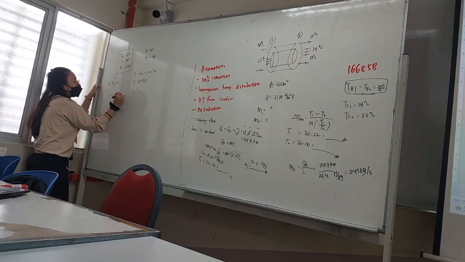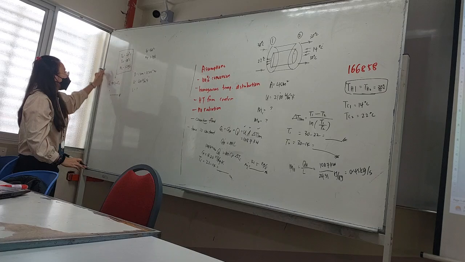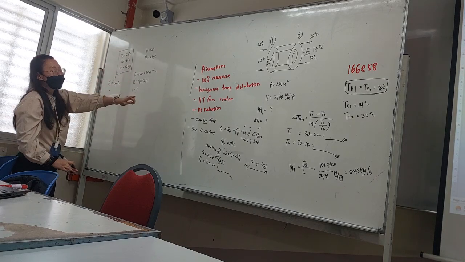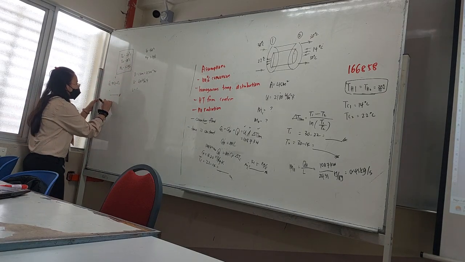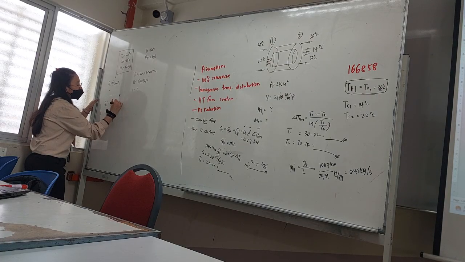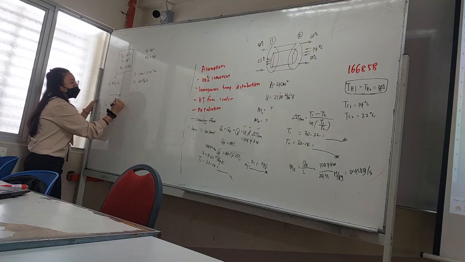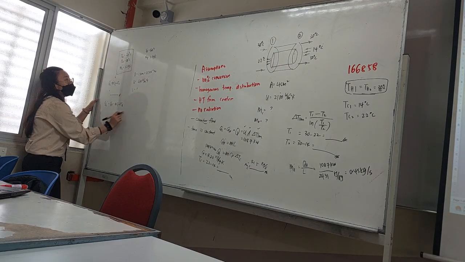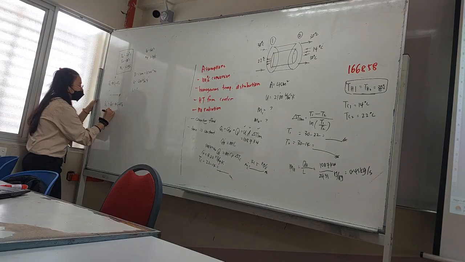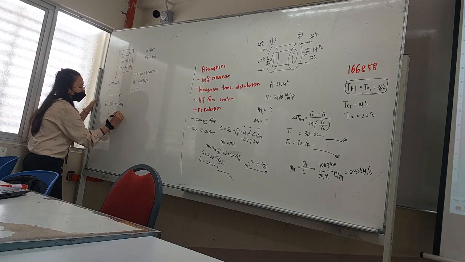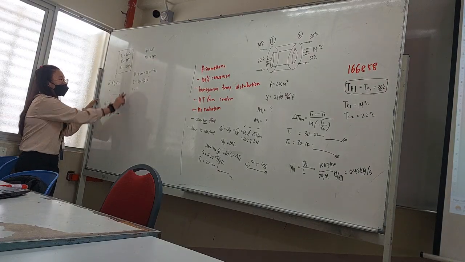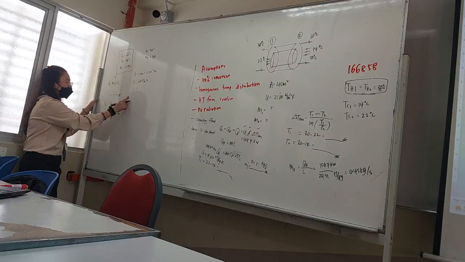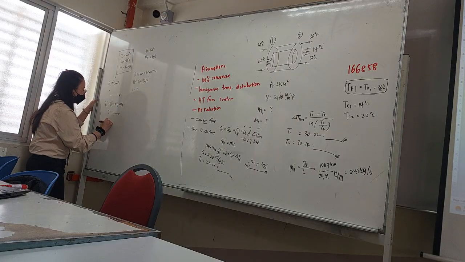You get the value, 100% conversion. So your Qc equals your Qh, equals your m dot Cp delta Th. By using this equation, you can calculate your Th2. Then, you get your Th2 already, you can calculate your delta log mean.